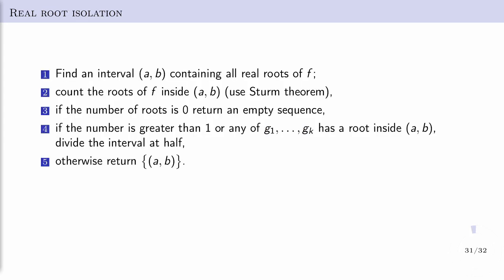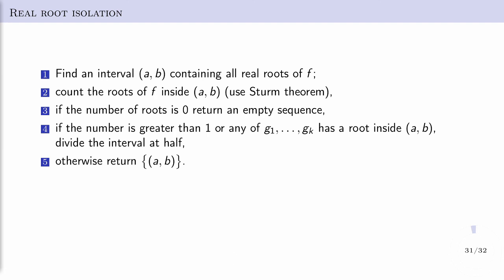And now when we have the Sturm sequence, Sturm theorem, we can very easily isolate roots of f. The idea is summarized here. So first we find an interval that contains all roots of f. How can we do that? We just use the first part of today's lecture.